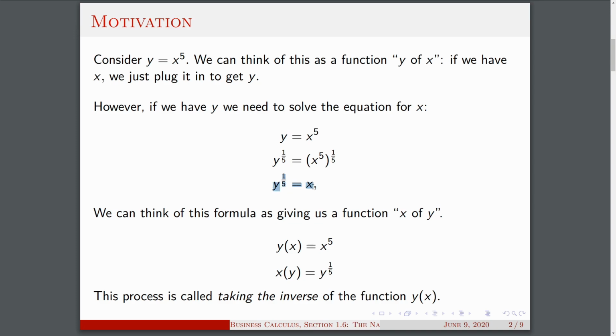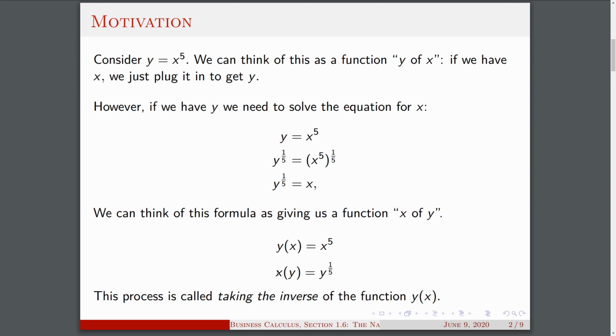Whereas when we write the same equation differently, we're thinking of x as being a function of y. So if we have y, then we can plug that in and get x, right? We need to be able to get either one. Whichever one we have, we need to be able to get the other one. All right, so that's the difference. Normally you don't see it written like this, but I went ahead and wrote it out, y as a function of x, and x as a function of y.